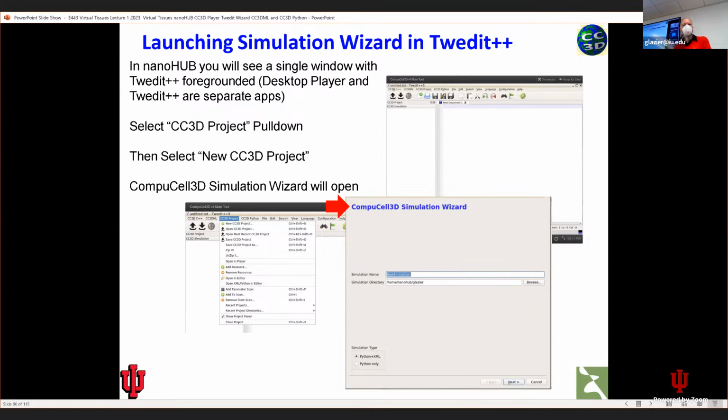Okay. So you have to give the simulation a name. You can type new simulation or something like that. A couple of pointers: nanoHUB is a Linux box.